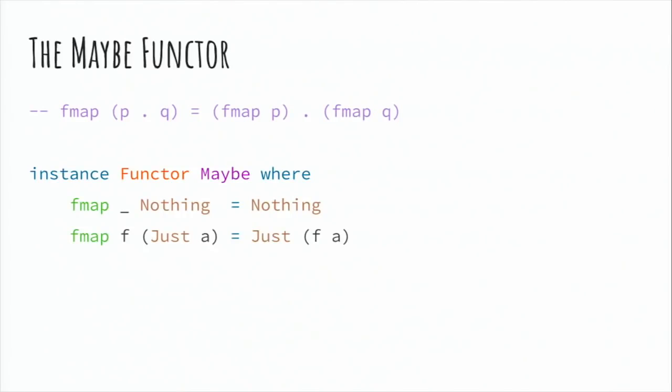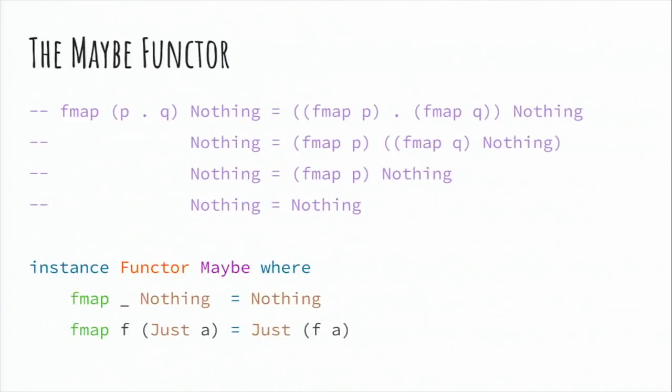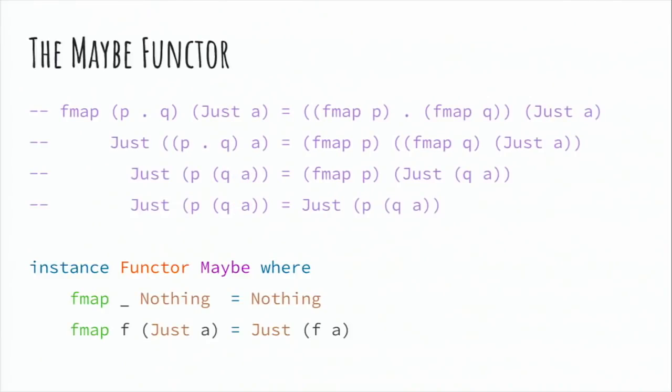So if you do that for Nothing, it's a lot of noise, but essentially, yes, this holds. And if we do it for Just A, then we have to do a lot of work, especially on the right side, where we use the composition. So fmap P composed with fmap Q of Just A means that first you apply fmap Q. So that's in the different brackets.